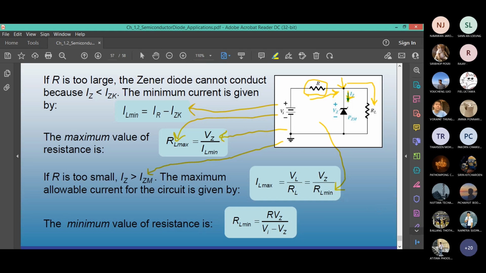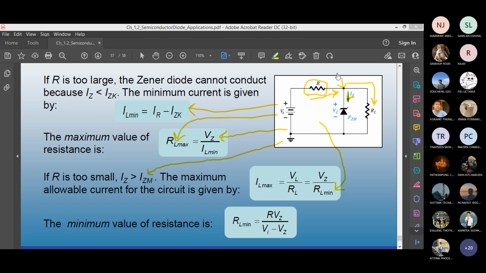For which, first, I'm going to bring you to example 2.26. This is the most simple case of the zener diode.